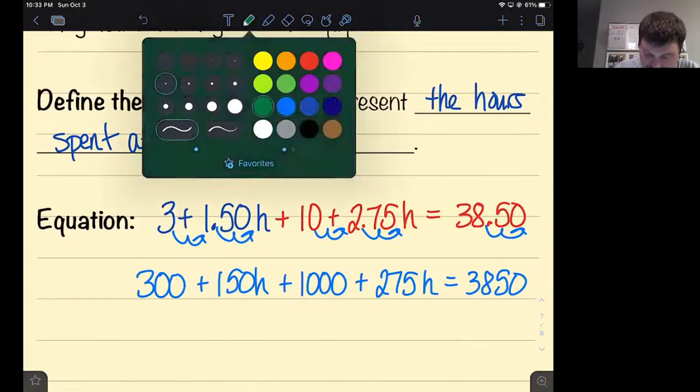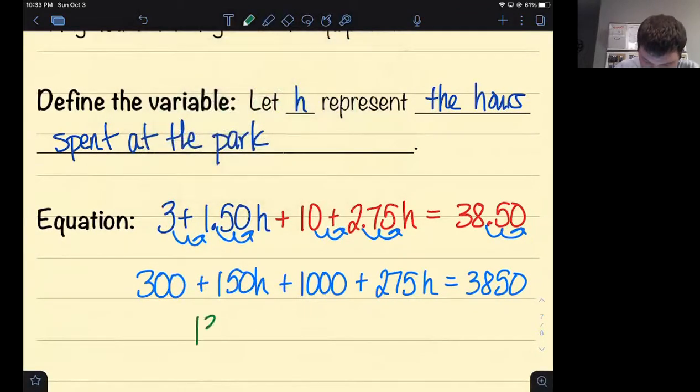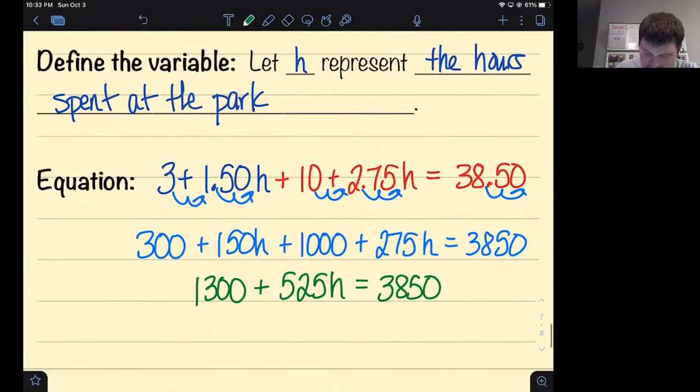When you combine your like terms, you get that for the constant term. For your variable term, you should get, let's see, the 150 and 275 should be 525, or $5.25 total if you're using decimals. Okay, I'm going to subtract here, use my calculator.